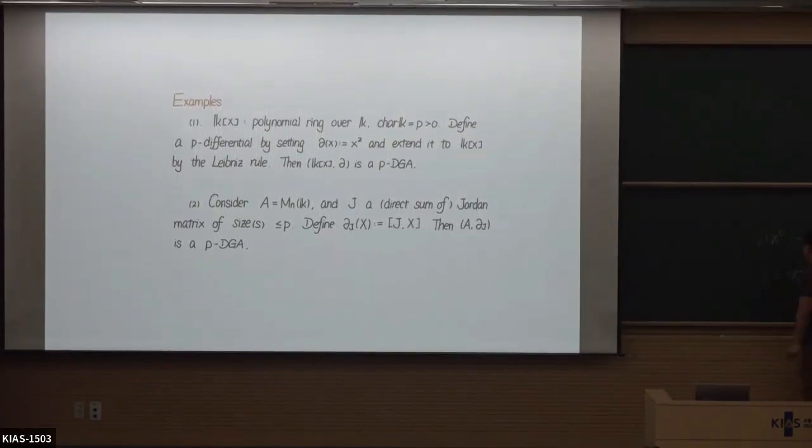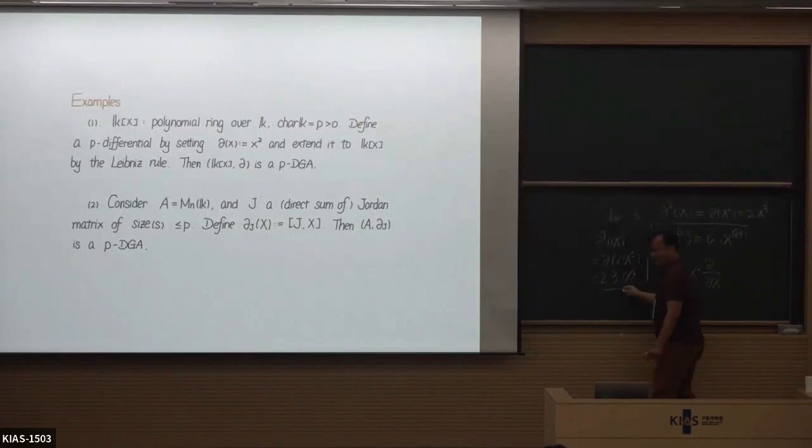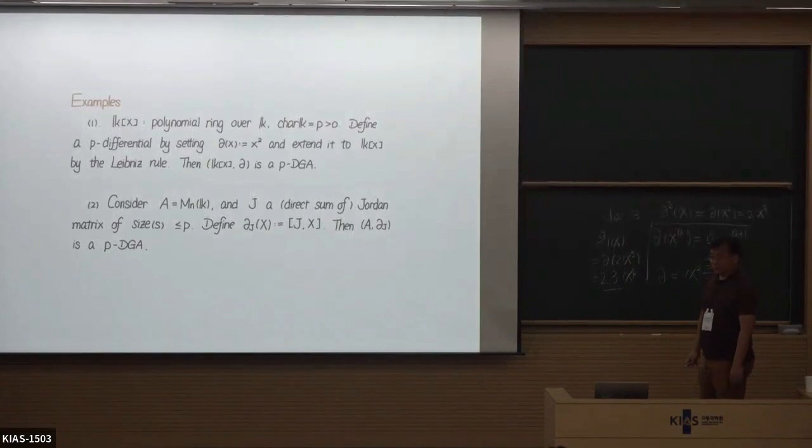For instance, in characteristic 3, d squared of x, checking on the generator, is d of x squared, which is 2 times x cubed, and then d cubed of x is d of 2x cubed, which is 2 times 3 times x to the fourth, and in characteristic 3 this vanishes. So d to the pth power equals 0.